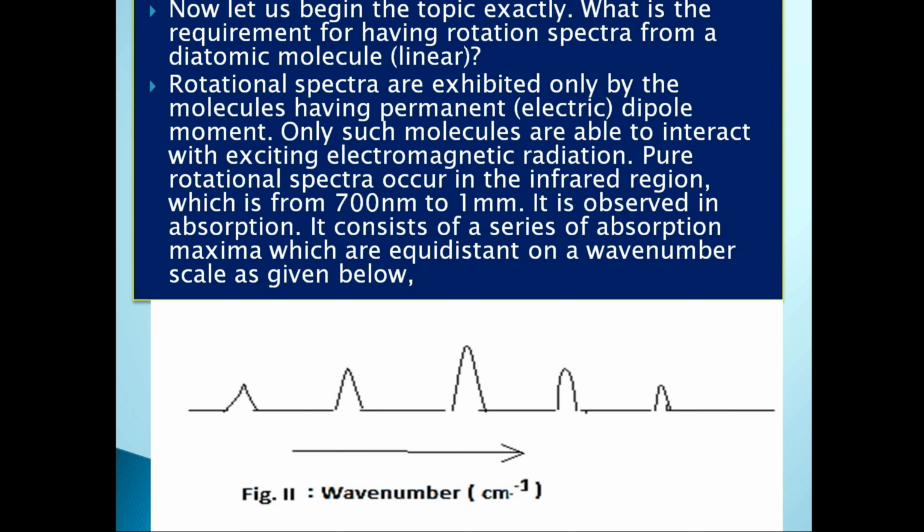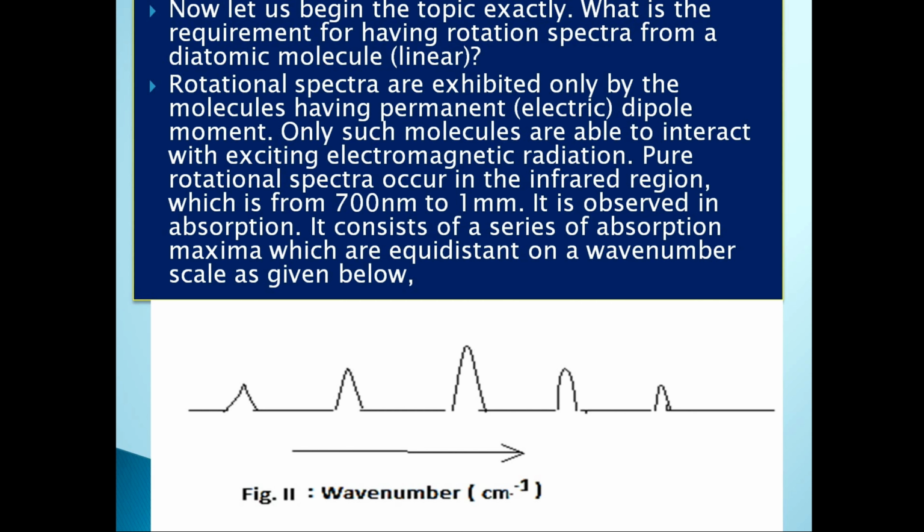So the excited electromagnetic radiation can interact with only those molecules, linear molecules, in which we find the molecules having this permanent dipole moment, and there only you can find the rotational spectra. So pure rotational spectra occur in the situation when this excited electromagnetic radiation is going to react with the molecule with permanent dipole moment.